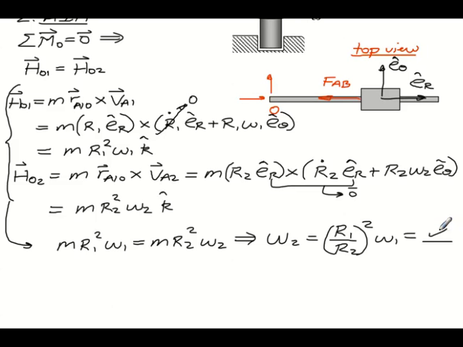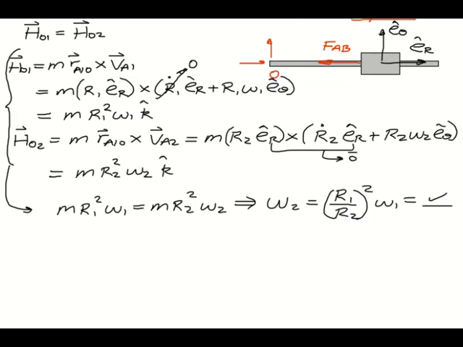Now we want to find out something about the speed of B. How do we get that? Well, what we know is that the velocity, the speed of B, I'll say, is equal to r dot. The reason for this is that as A moves out, its radial component of velocity has to be the same as the speed of B because of that cord.